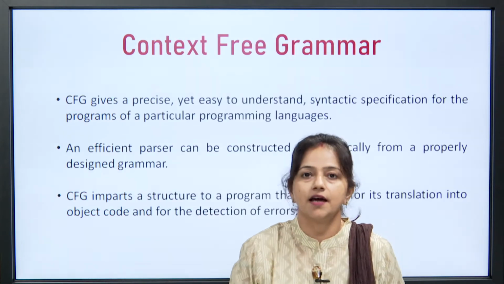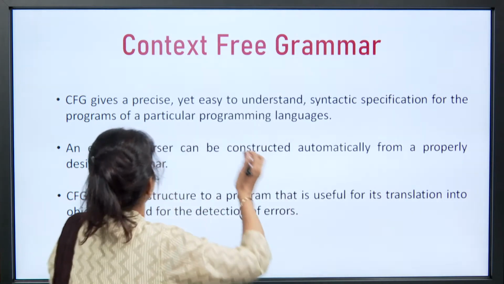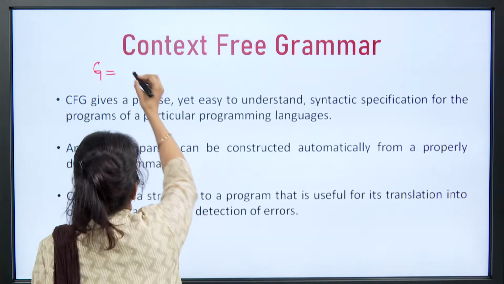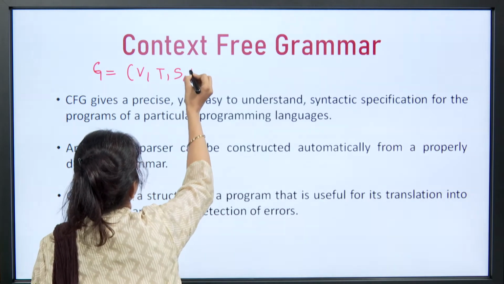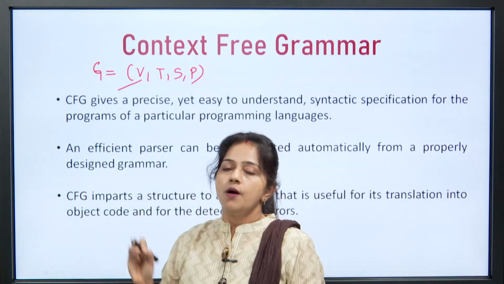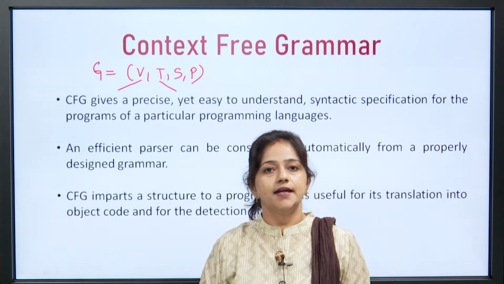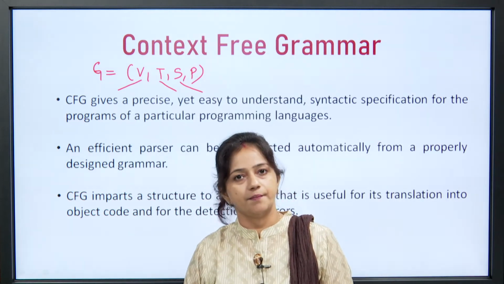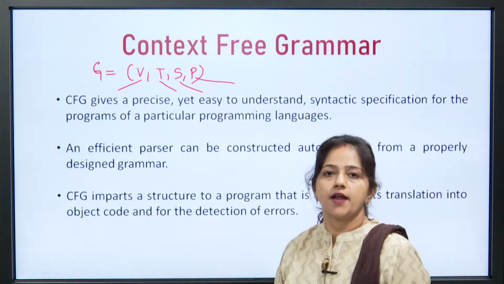So, first is the grammar that will be used inside syntax analyzer. A formal grammar, suppose the formal grammar is capital G, can be defined using 4 tuples: V, T, S and P. Here capital V stands for finite set of non-terminals, capital T stands for finite set of terminals, capital S stands for start symbol of the grammar, where S is a member of capital V, and P stands for the production rules.